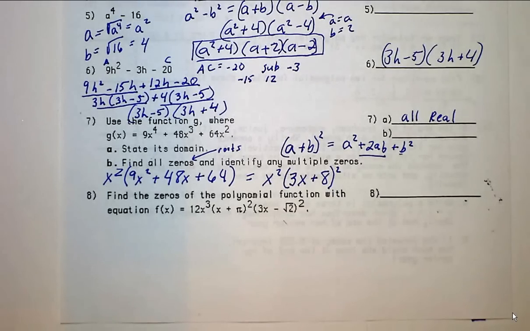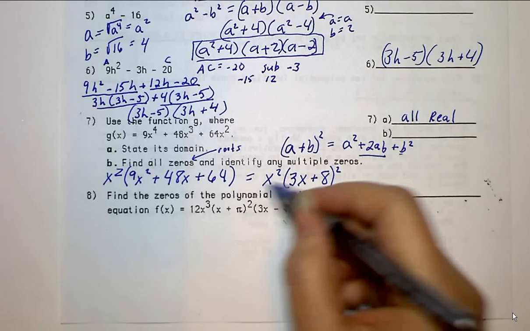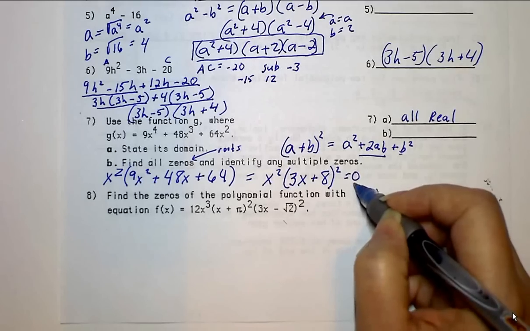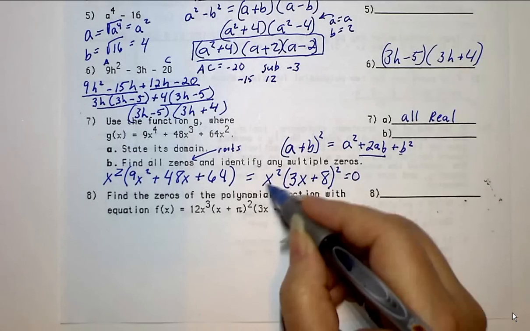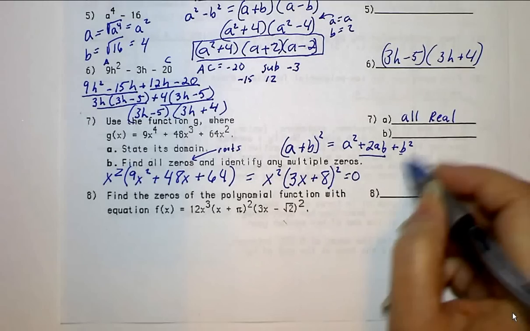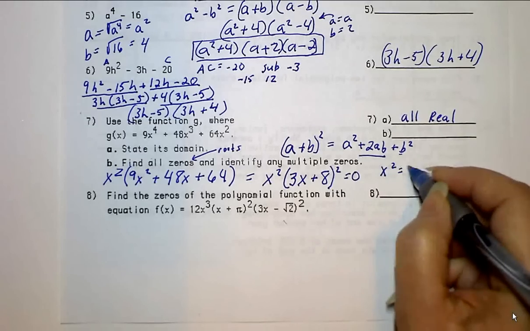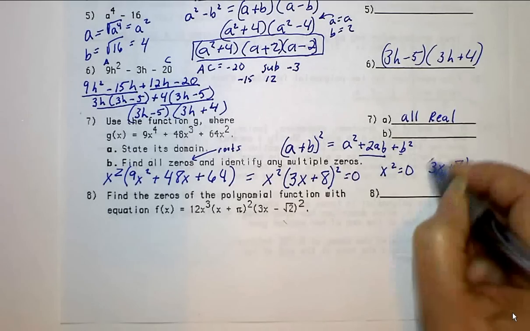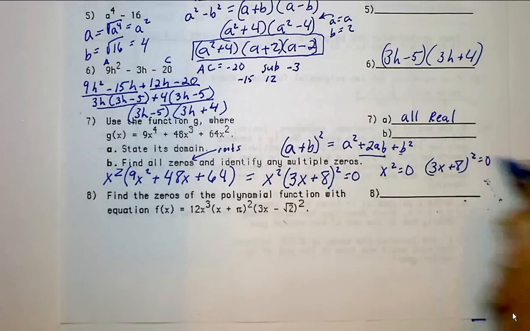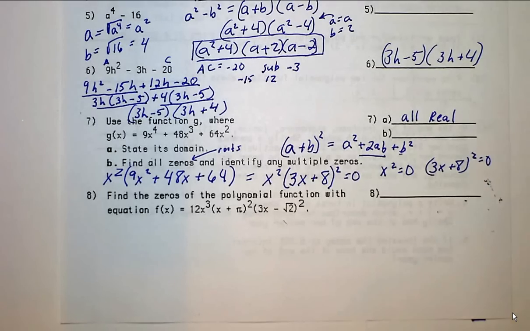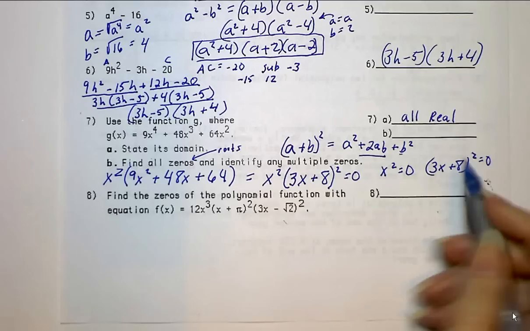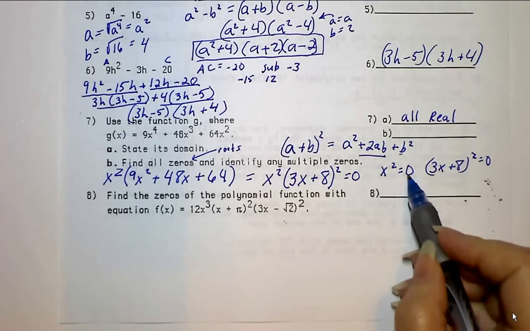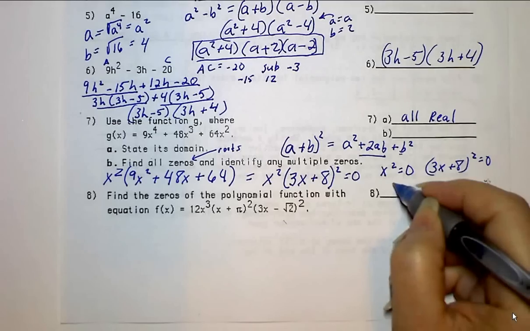What do I have to set this equal to? 0. Once I set this equal to 0, what can I do? I can set this to 0 and that to 0. So I have x squared is equal to 0, and (3x plus 8) squared is equal to 0. So we have here x squared equals 0, take the square root, so my first 0 will be 0.